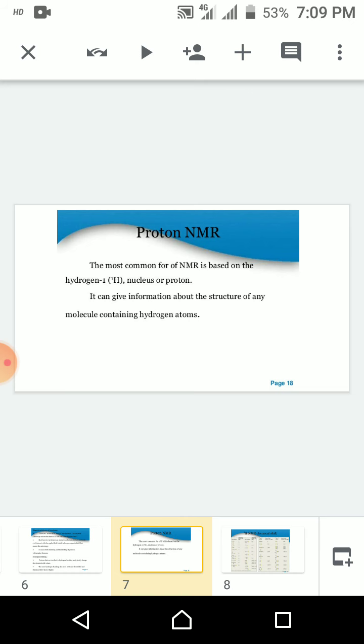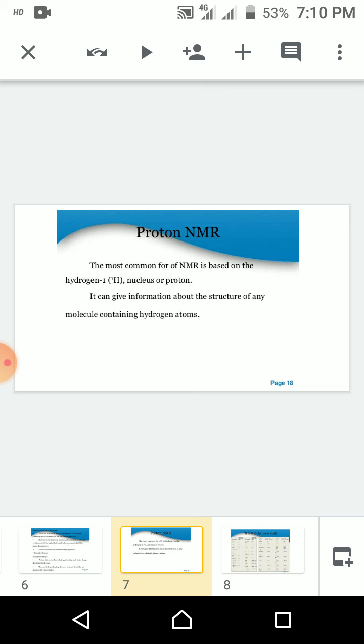Now we discuss the next topic, proton NMR, or PMR. PMR means proton magnetic resonance spectroscopy. It is also called proton NMR. The most common NMR is based on the hydrogen nucleus, or the proton.